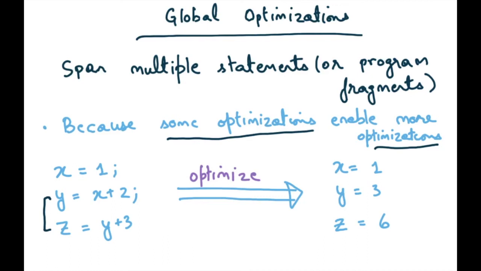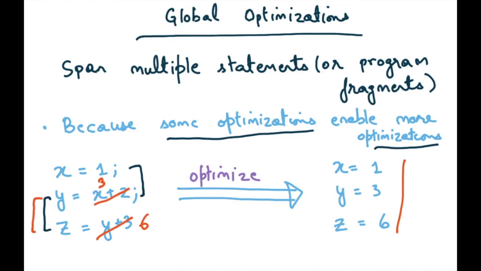But then when I look at x and y, the first two statements, I can see that I can replace x plus 2 with just 3. And then again, when I look at the second and third statement, I can see that z can be replaced by z equals 6. And that's what I get on my right. And what happened here was, because of one optimization, another optimization got triggered.